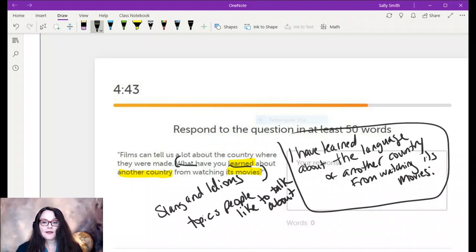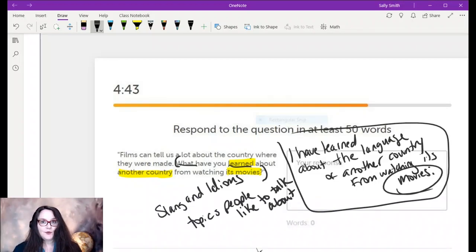And then I'm going to have to come up with a conclusion that I'm going to write. I may say, watching the films, because I've already said movies and now I want to choose something else. Watching the films from other countries has taught me a lot about language and has better prepared me to spend time and get to know the people of that country.